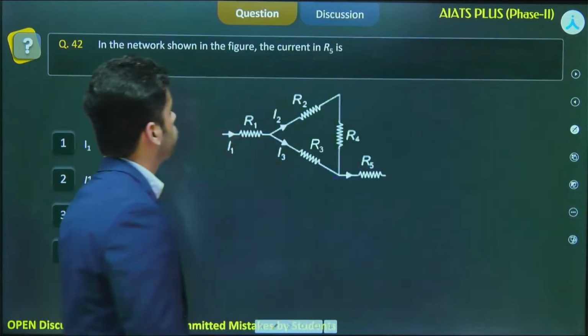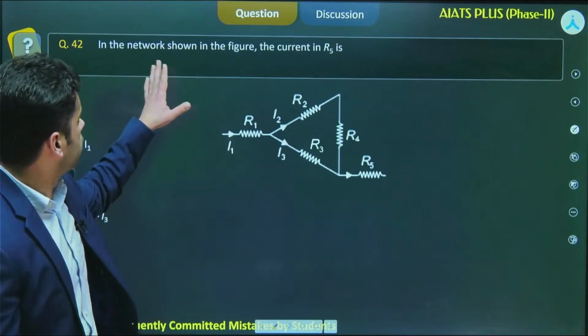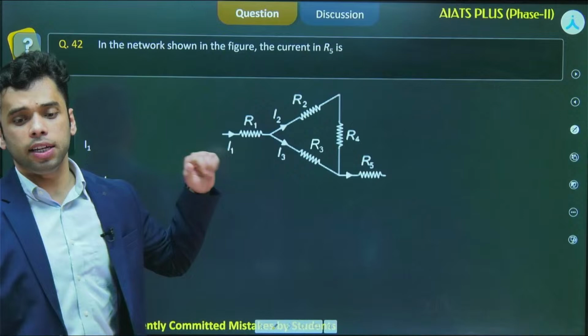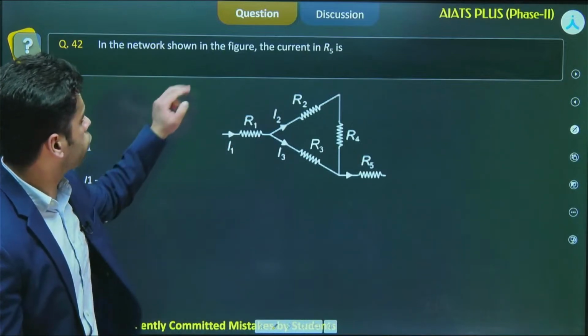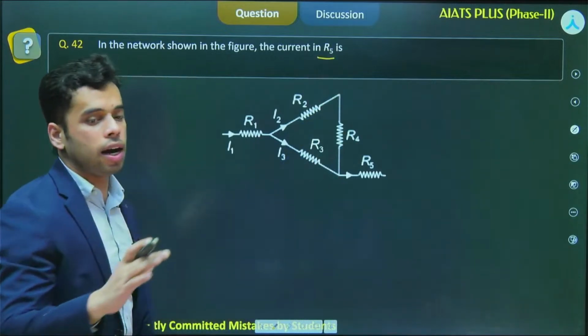Now, let's move forward to problem 42. It was problem 42 in the original paper and it is based upon current electricity. As I can see, it says that in the network shown in the figure, the current in R5 is, so you need to calculate the current in R5.